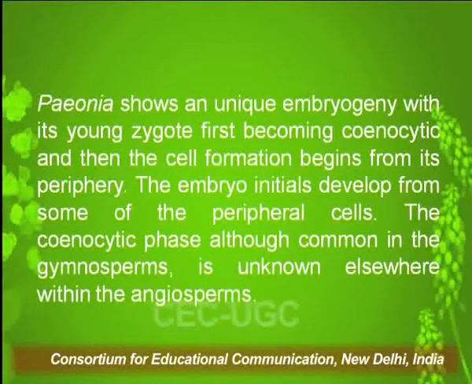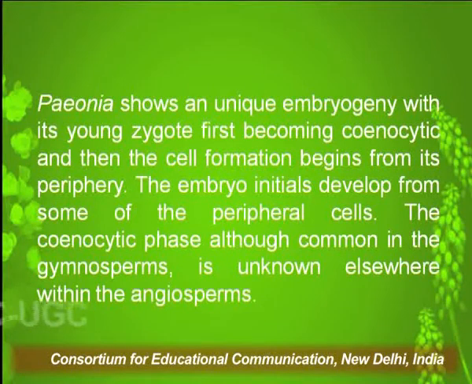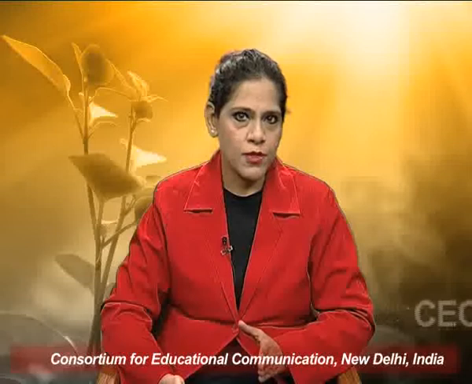Paeonia shows a unique embryogeny with its young zygote first becoming coenocytic, and then the cell formation begins from its periphery. Now the embryo initials develop from some of the peripheral cells, and the coenocytic phase, although common in the gymnosperms, is unknown elsewhere within the angiosperms.